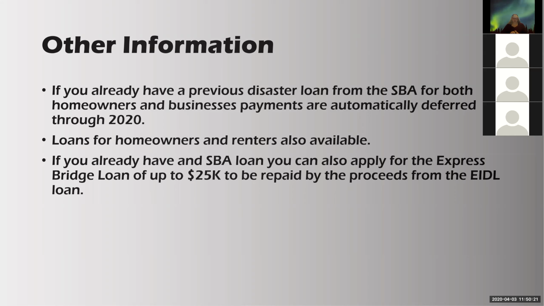So if you don't qualify for the PPP loan, you can apply for the express loan and then use the EIDL loans to pay it once you get it. These express loans are only if you already have an SBA loan. So keep that in mind if you already have one of those.